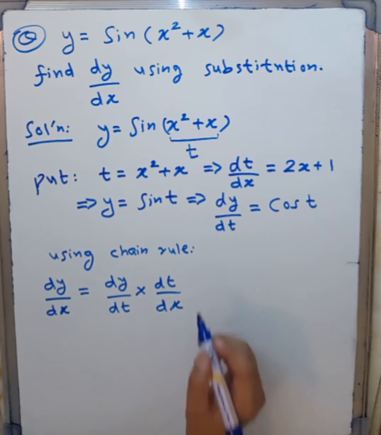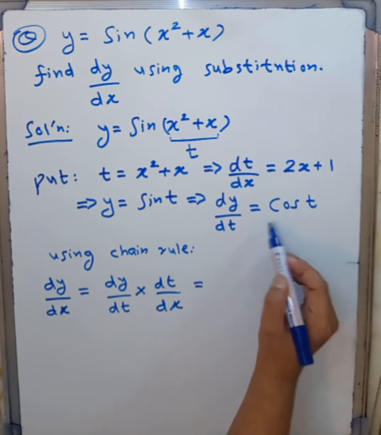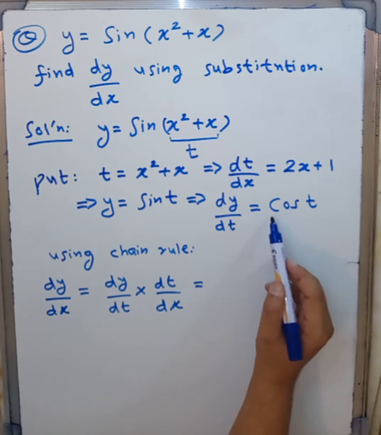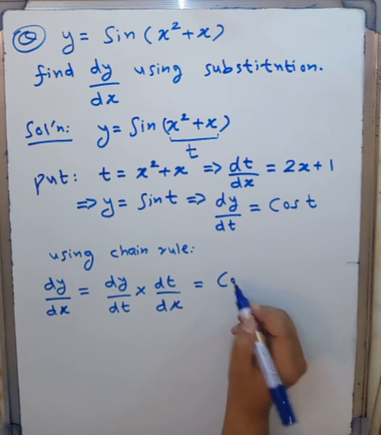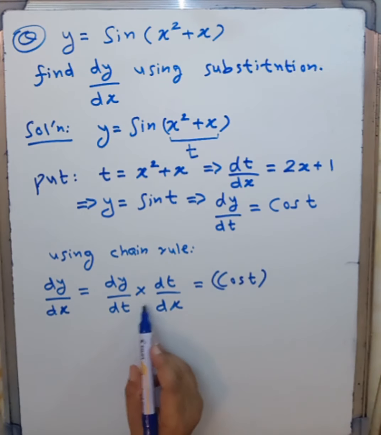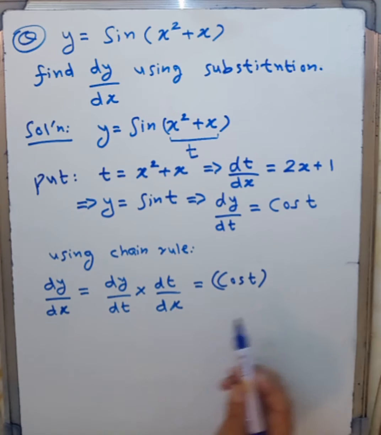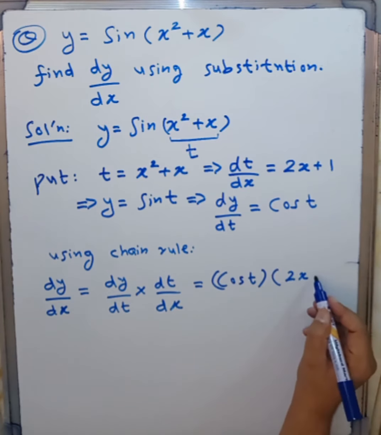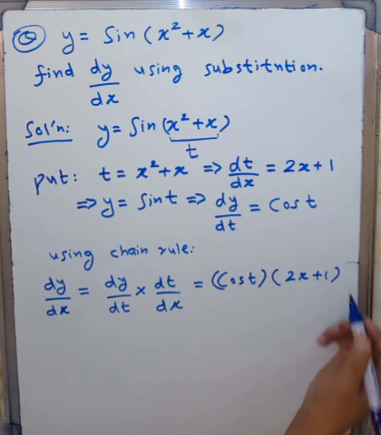Let us put the values which we have already evaluated. dy by dt, that is cosine t, multiplied by dt by dx, that is 2x plus 1.